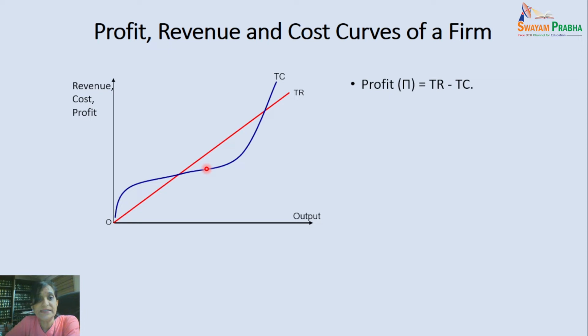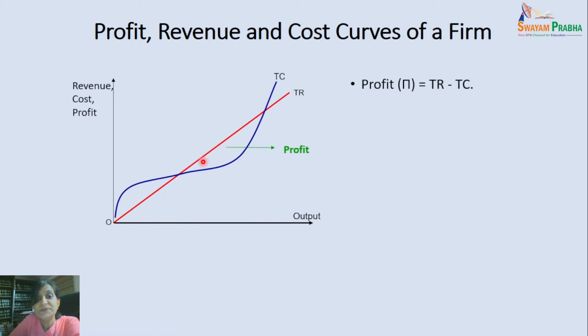So we've just said that profit is basically the difference between total revenue and total cost. So this particular gap, the difference between total revenue, which is this red line, and total cost, which is the blue curve, is the profit.